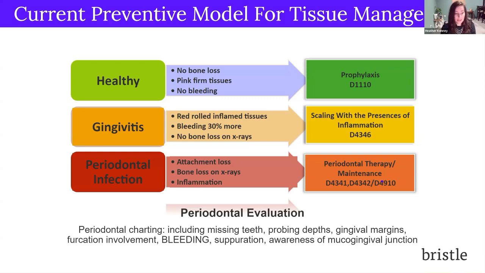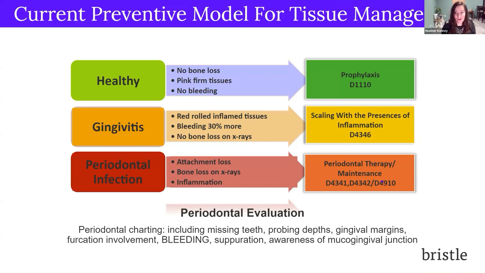And hopefully everybody's doing a great periodontal evaluation, and that evaluation should include missing teeth, probing depths, and the gingival margin. Assessing both the probing depths and gingival margin gives us the clinical attachment loss. Bleeding and suppuration are so important for us to be charting as well, and then making sure we're aware of where those mucogingival junctions are. So that's the appropriate way to assess disease presence within the mouth.